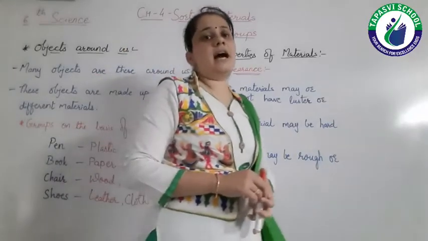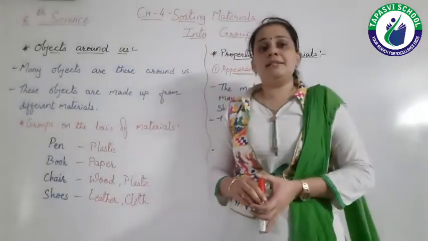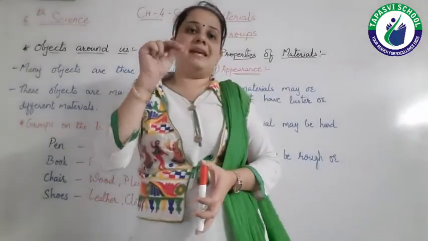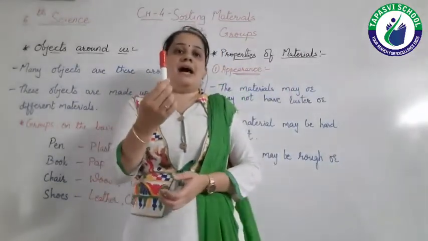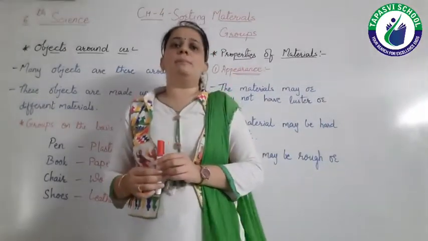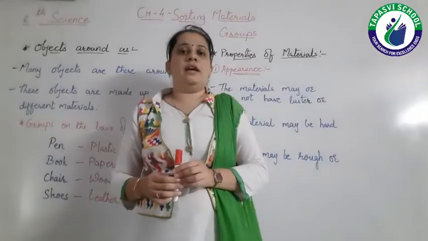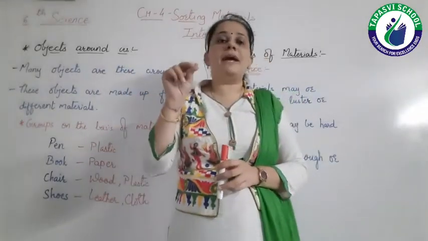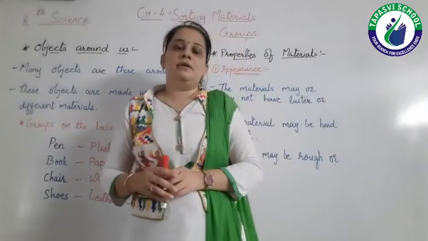Some materials are very hard, means we cannot compress them, we cannot press them. Say for example, marker, if I try, then also I cannot compress it. Okay, but eraser, we can compress it easily, right?